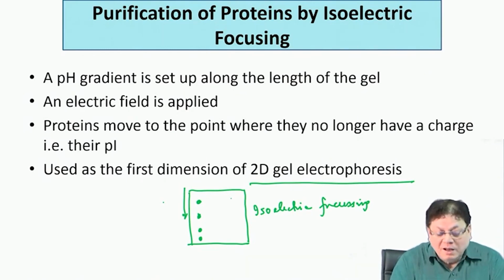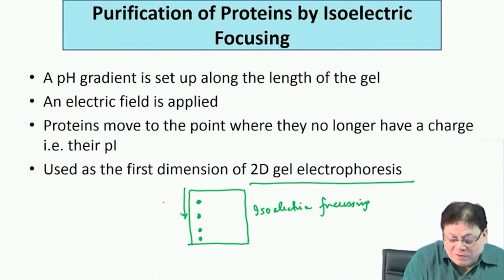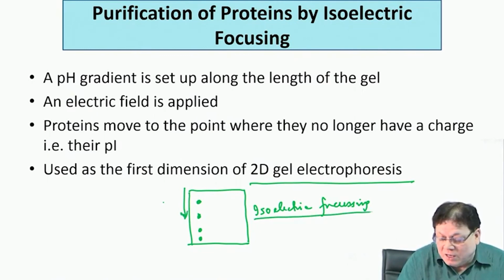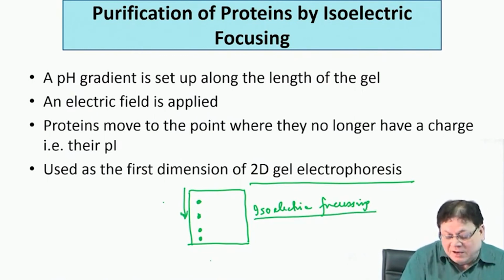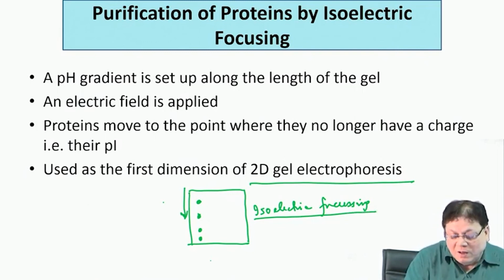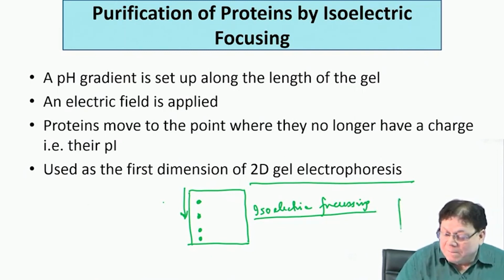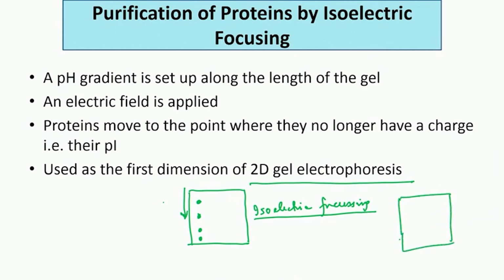How is it done? This is the first isoelectric focusing, that means you have a pH gradient here. Next, you turn it upside down, and now all the bands are here. I am just taking 4 bands, and now you do an SDS-PAGE.